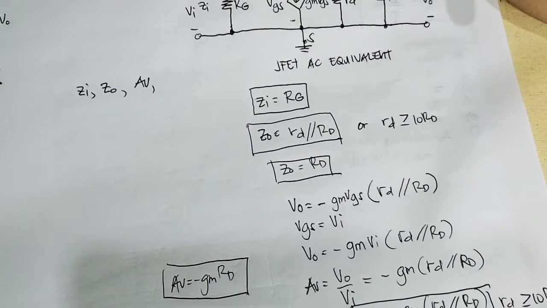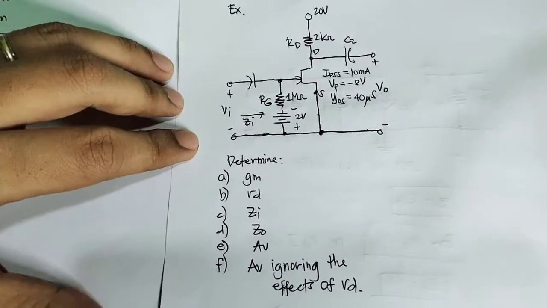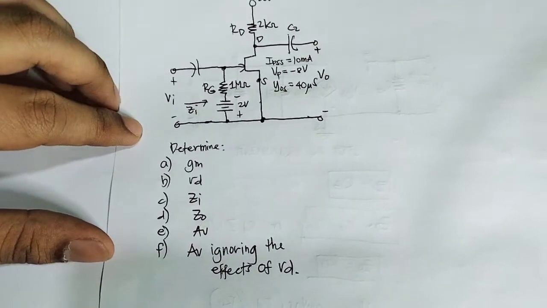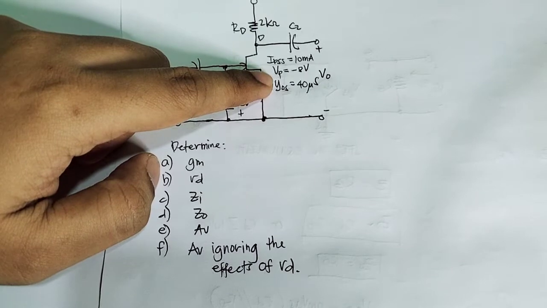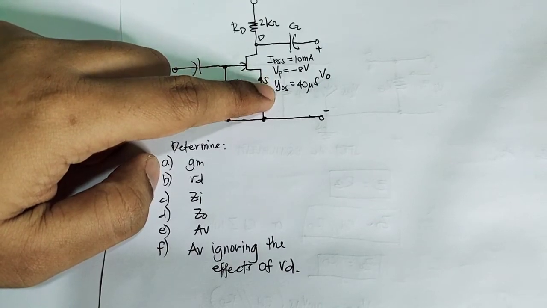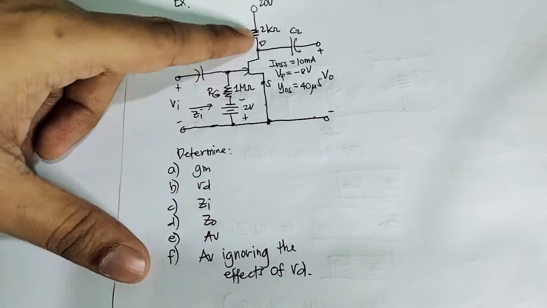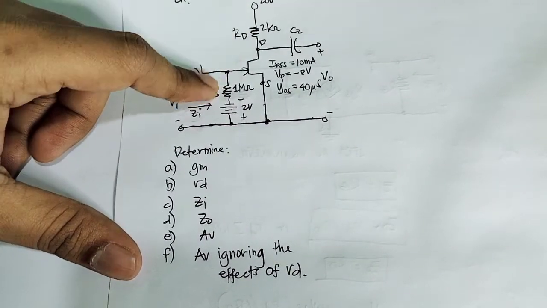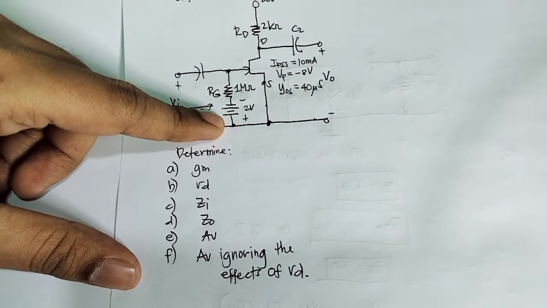So let's have an example. We have a fixed bias configuration. We have an IDSS of 10 milliamps, VP of negative 8 volts, and an admittance y_os equal to 40 microsiemens. R_D is 2K, R_G is 1 megaohm, and we have the DC source of 2 volts.